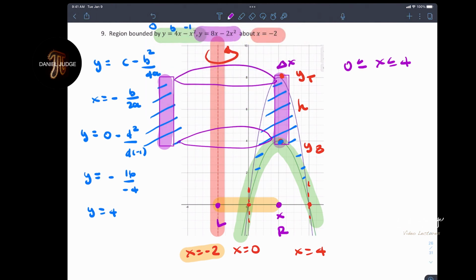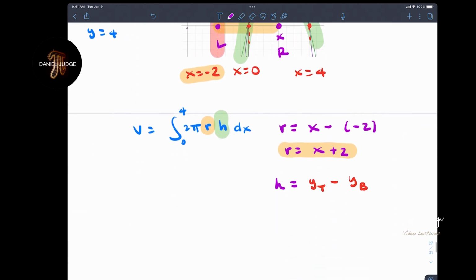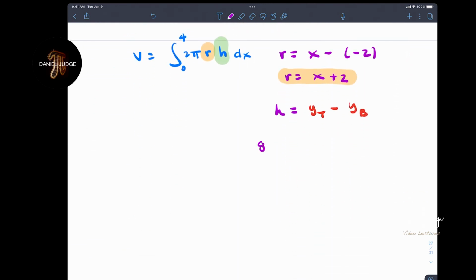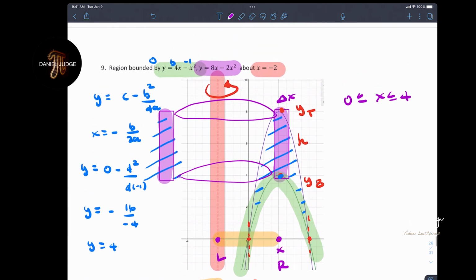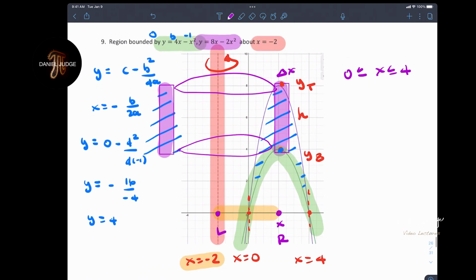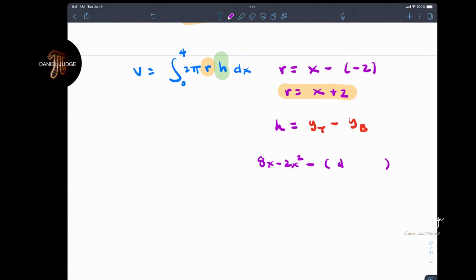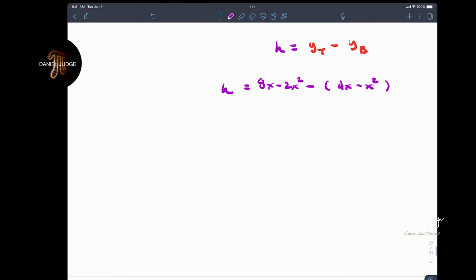Top minus bottom. 8x minus 2x squared minus the bottom curve, which was green, the first curve, 4x minus x squared. And this is our height. So the height will be 8x minus 2x squared minus 4x plus x squared.